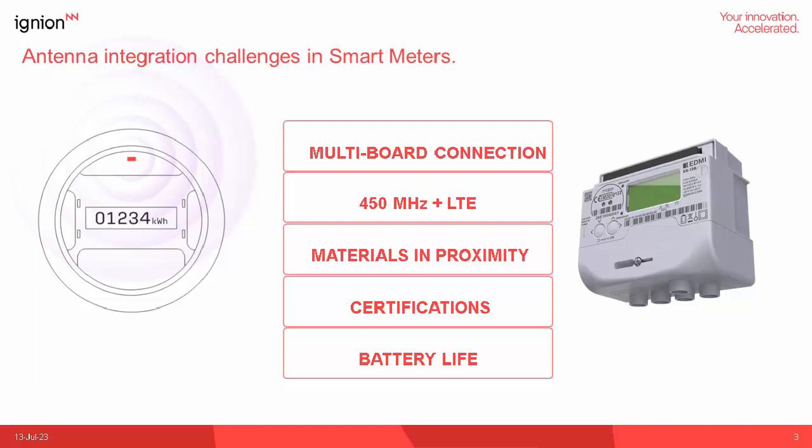We will see also the materials in proximity, as I said, and how we can assess the impact for your deployed smart meter. We know that the certifications for smart metering are always a must at the end of the design and can cause several redesigns, and the challenges regarding the battery life and how we can solve them.